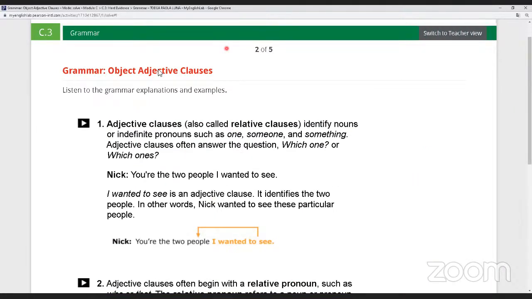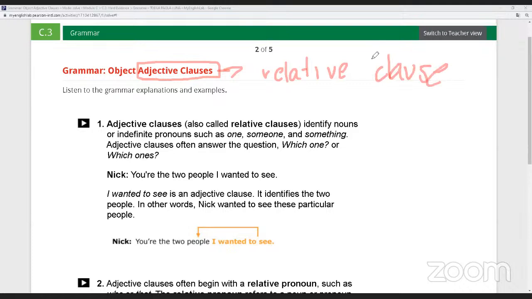Before continuing, this adjective clause has another name. It is recognized as a relative clause, okay? This is the other name. It's the most frequent though, right? So, okay, with that, we're gonna listen to the audio.